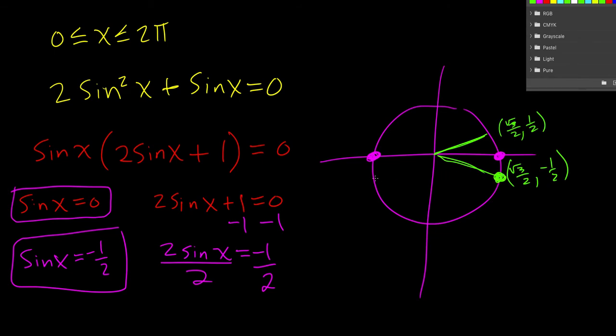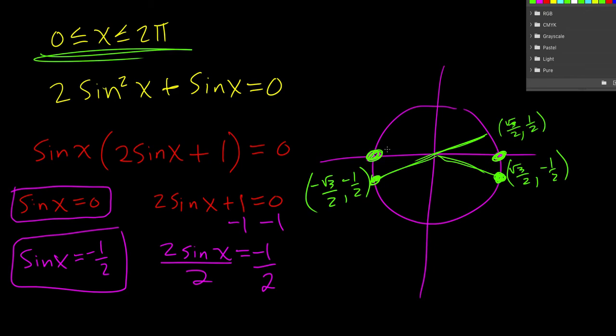And then if we go across here, that one will also give us a negative 1/2. Okay? And since we're going from 0 to 2 pi, it's only one rotation. And so just these 3 dots that I've marked in green, that's what we need to find the angle of.